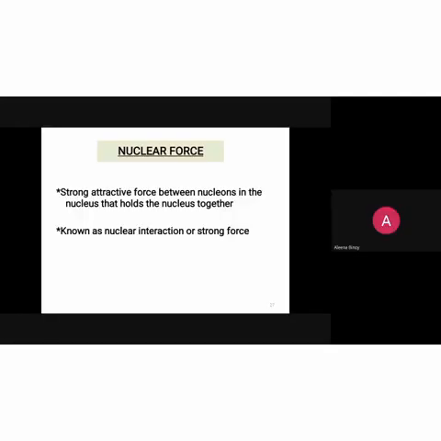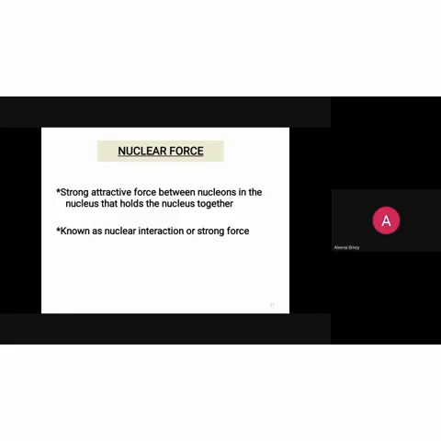Now let us consider that the nucleus of an atom, except hydrogen, contains more than one proton. Each proton carries a positive charge. So one question that arises is: why would the nuclei of these atoms stay together? Obviously, a proton must feel a repulsive force from the other neighboring protons.